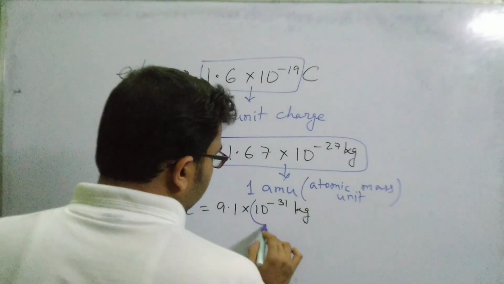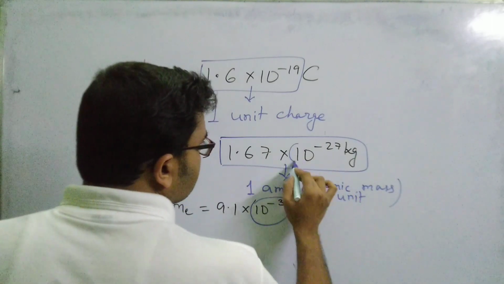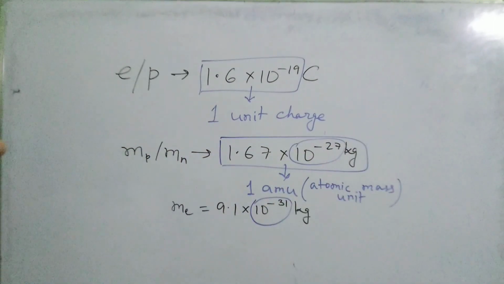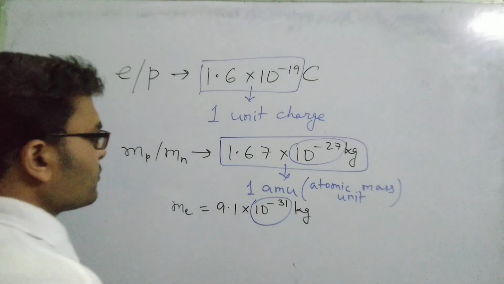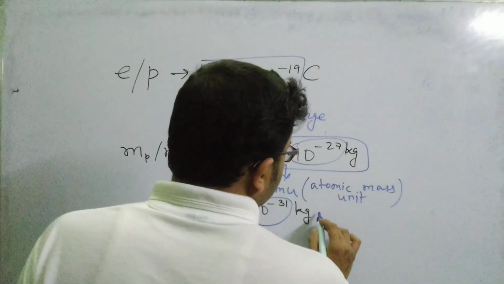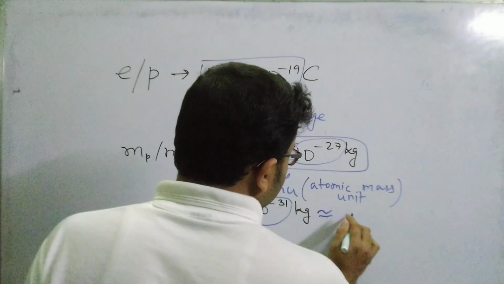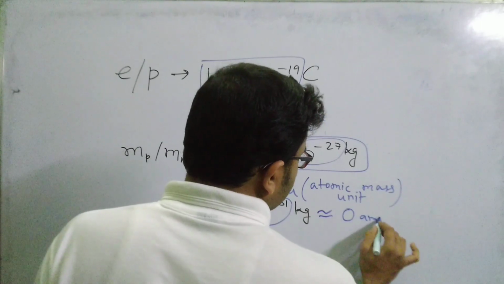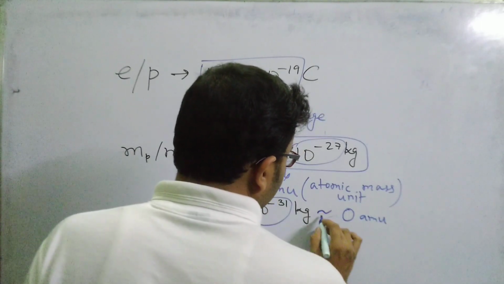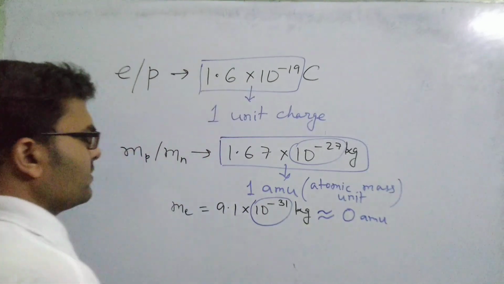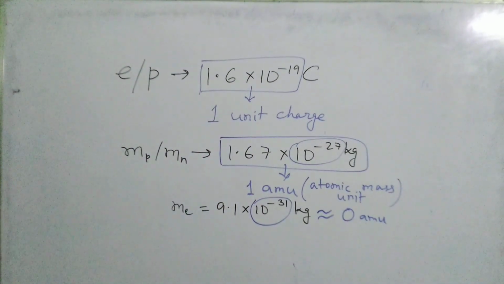So, this is about 10,000 times lesser than the power of 10 in the mass of the proton or neutron. So, in that respect, we can consider that the mass of the electron is negligible in comparison to the mass of proton or neutron. So, the mass of the electron is considered to be about 0 AMU. Okay, mass of proton and neutron are considered to be 1 AMU. Mass of electron is taken to be 0 AMU.